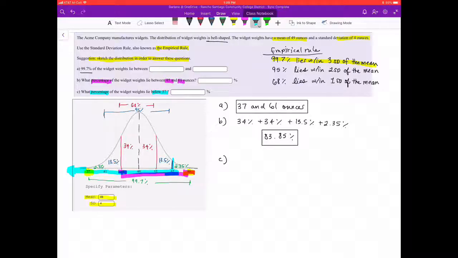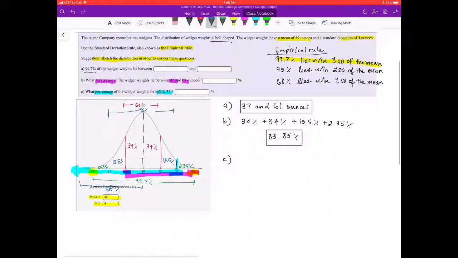Well, there's something I know about the bell curve. I do know that the entire percentage under the bell curve is 100%. And what this means is that the lower half of the bell curve is 50%, as well as the upper half is 50%.